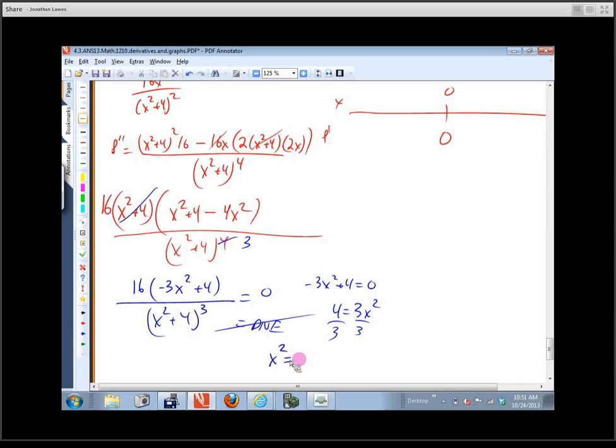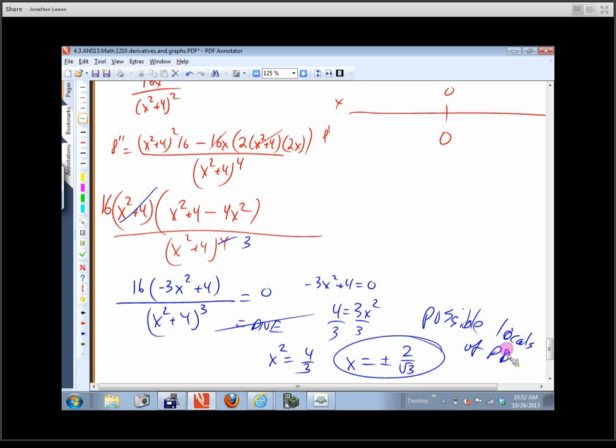When x squared equals 4 over 3. Or when x is equal to plus or minus 2 over radical 3. Possible locations, I'll put locales of points of inflection. Okay?